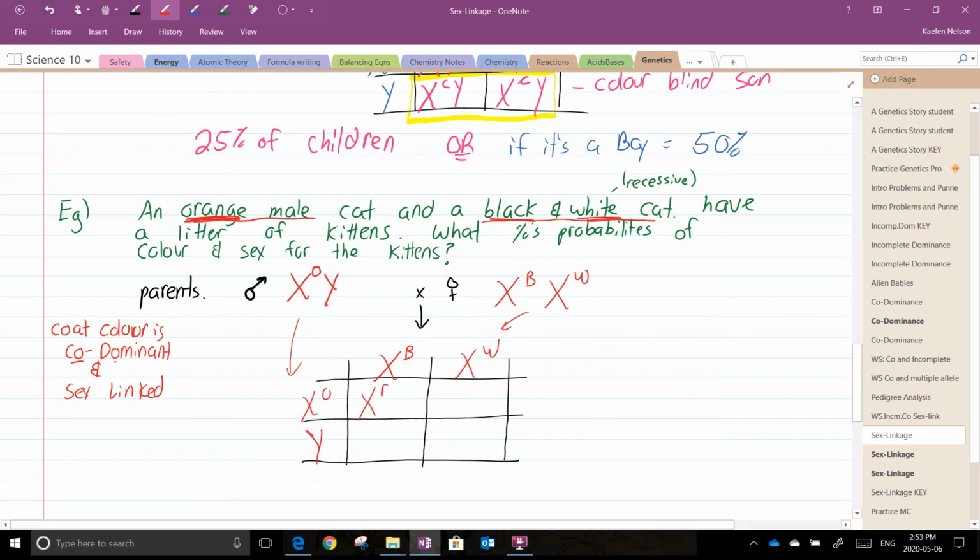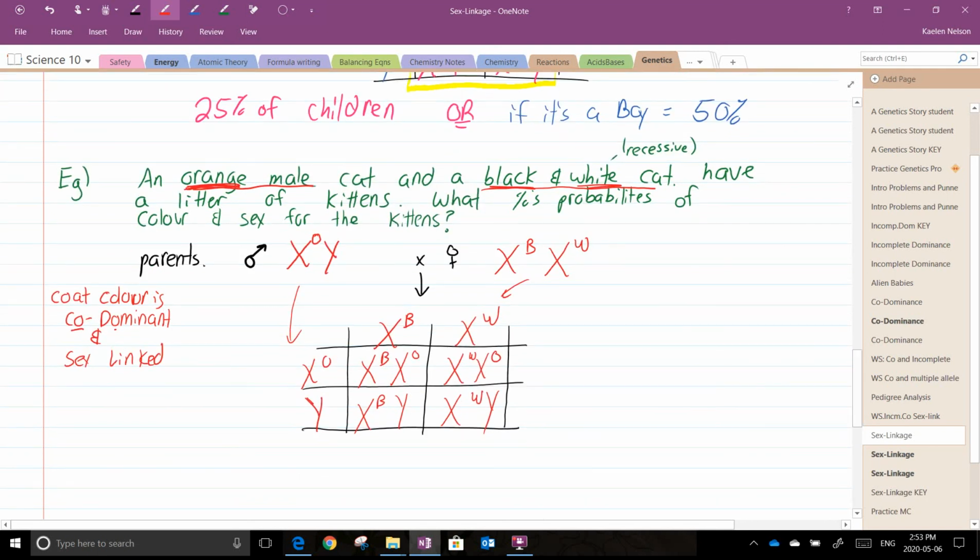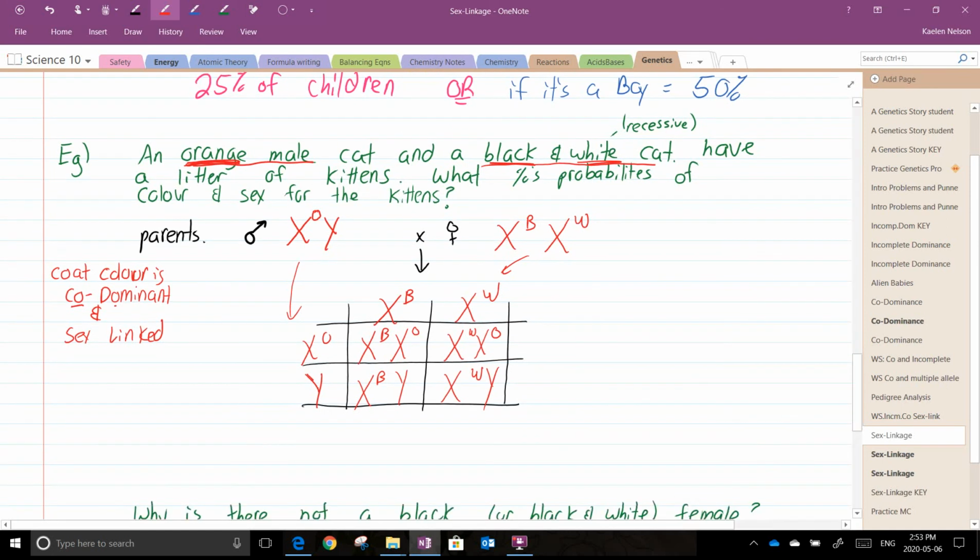Okay, so what are our chances here? We have a bunch of different cats. I'm going to list them on the side. It's going to be easier that way. So XB, XO is a black and orange female. That's a calico.